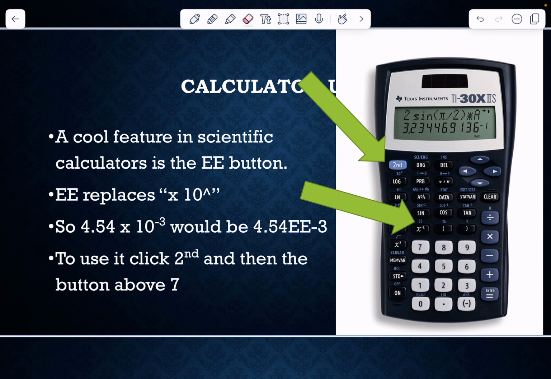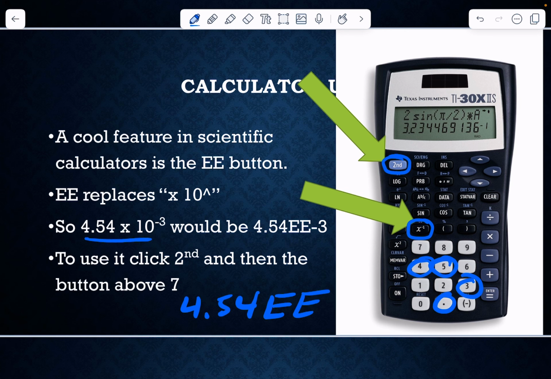Let's say I had a number like 4.5 times 10 to the negative third. If I want to plug that in my calculator, the first thing I'll do is 4.5, using those numbers right here. And then I got to use my double E function.